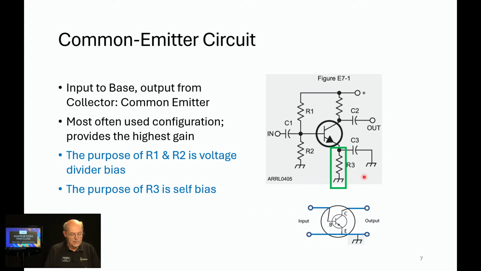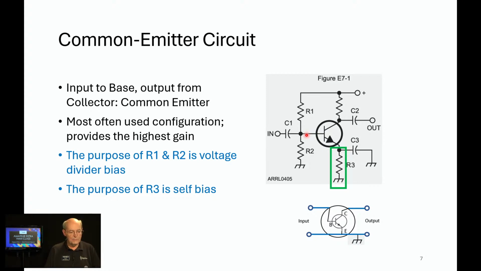The purpose of R3 is called self-bias. Now what happens with a transistor, when it starts to conduct a lot of current, it gets hotter and hotter and warmer. So if more current is flowing through the collector to emitter, in other words, the transistor is turned on harder, that's going to drop a larger voltage across R3. If we increase the voltage across R3, that's going to make the emitter a little bit higher relative to the base, and it will turn the transistor off to some extent.